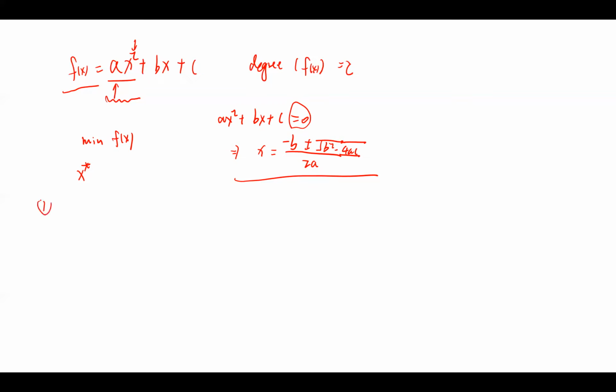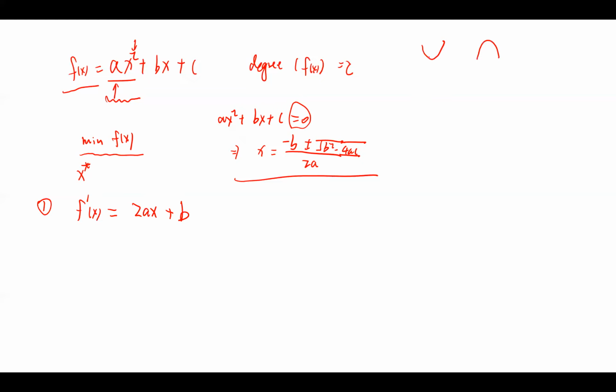One solution is that we can use the tool of taking the derivative, differentiating the function so that the first derivative is equal to 2ax plus b. Since this is a minimization problem, you will also be asking whether the function is convex or concave.